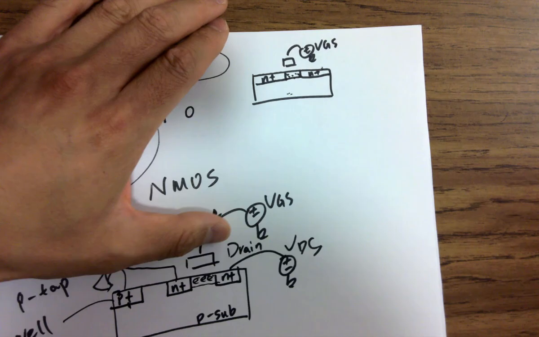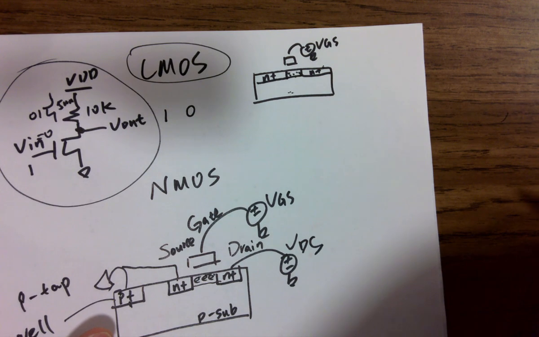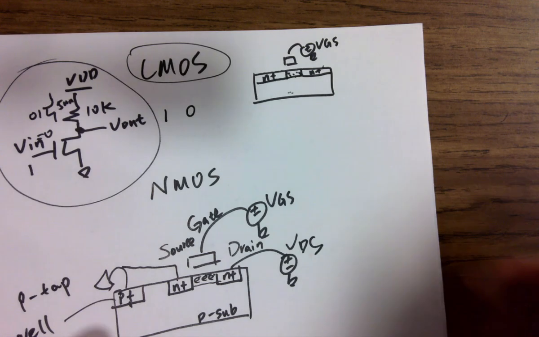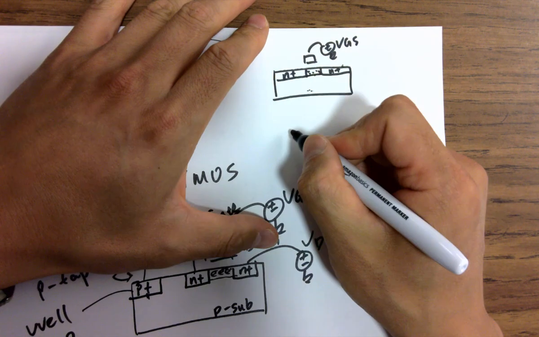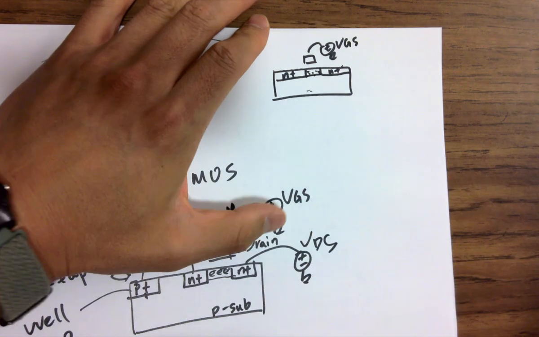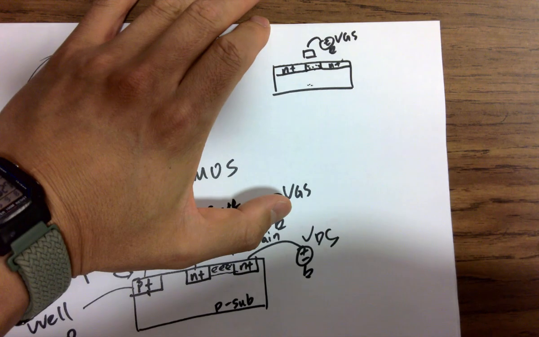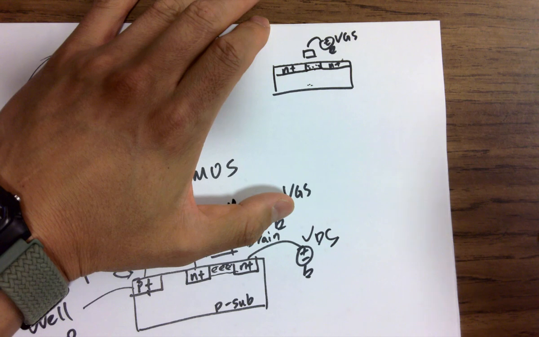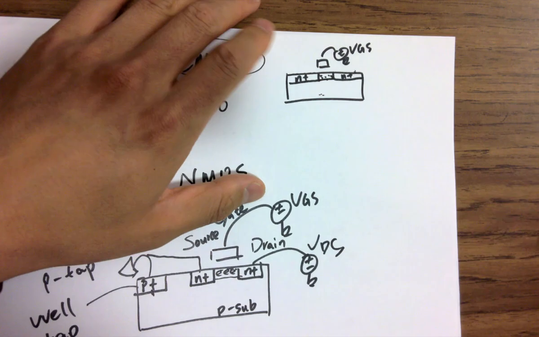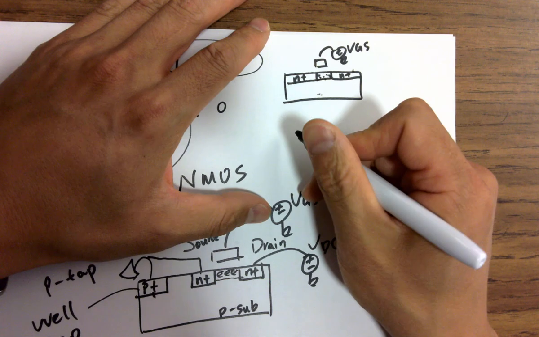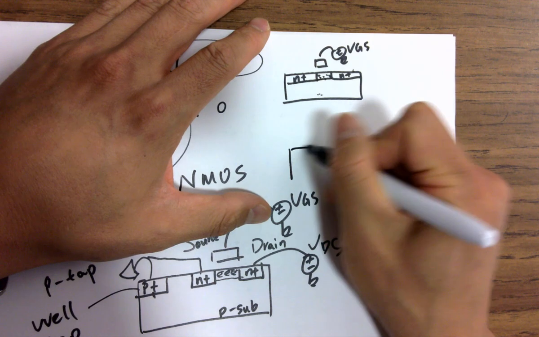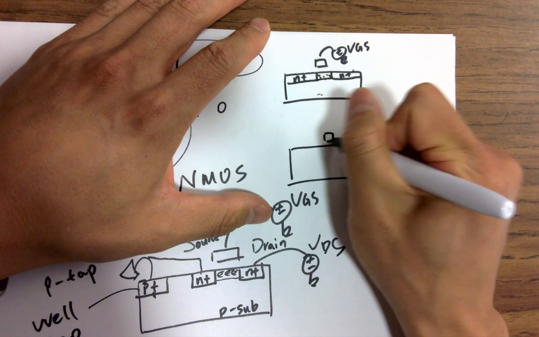The second one is the one on the right-hand side. It's probably not really accurate on the handout, so just look at my notes. The next one is where you apply a voltage.